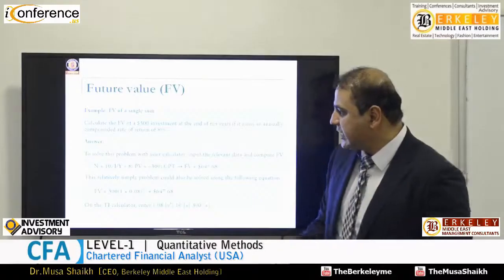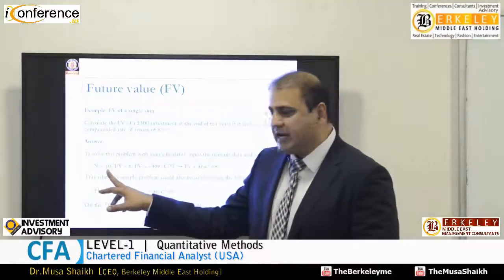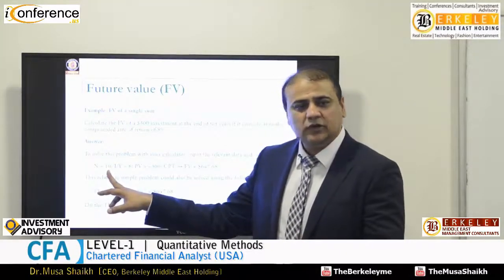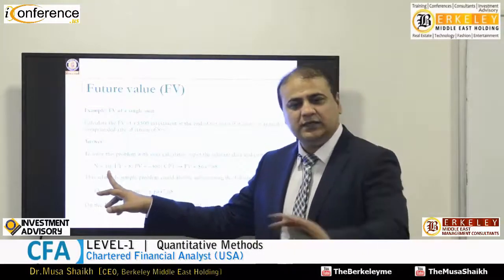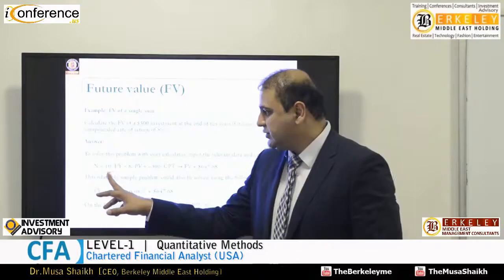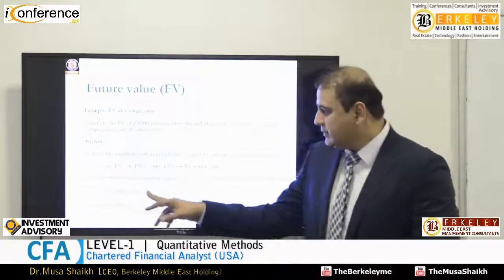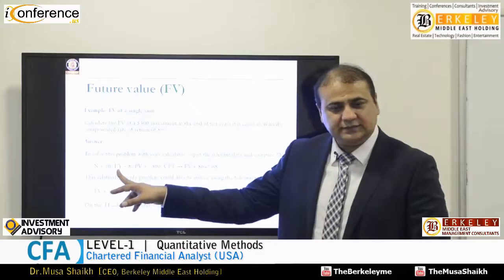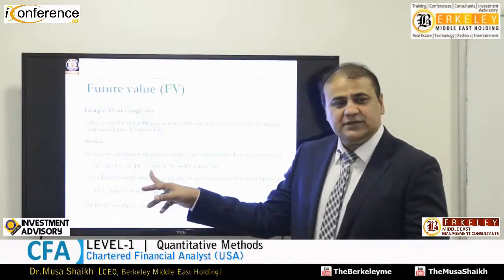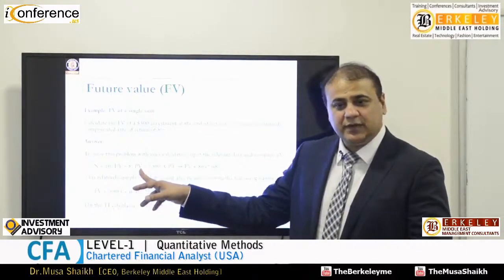So let's take your calculators. First you will enter 10. Don't press n first, because first the value, then the button. So 10, press n, then 8, press interest, then minus 300, press PV, present value.